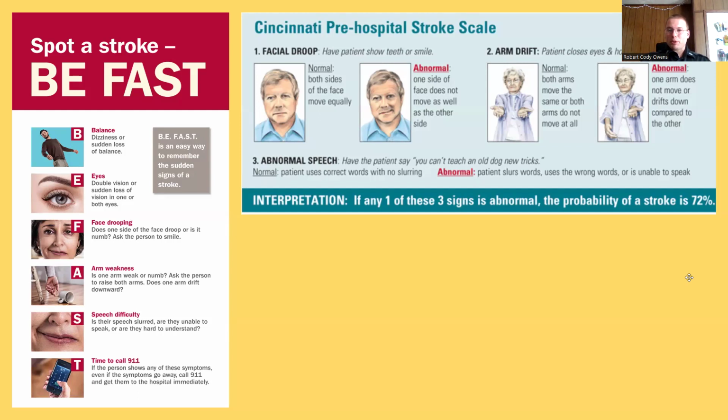Face drooping is the typical stroke presentation, like it looks like Bell's palsy. They have a droop, sometimes both the eye and the mouth, and you can see it sag right here, and this side will be straight down. The presentations are different and not all the same with everyone. Arm weakness is another one, arm or leg weakness, and then speech difficulty.